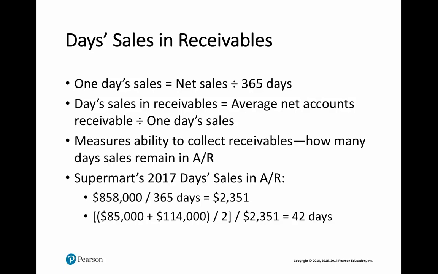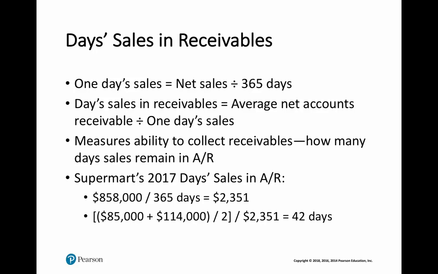In this strategy of getting to the days sales in accounts receivable, we take our total net sales, $858,000, divided by 365 days. So every day, our sales are 2,351.